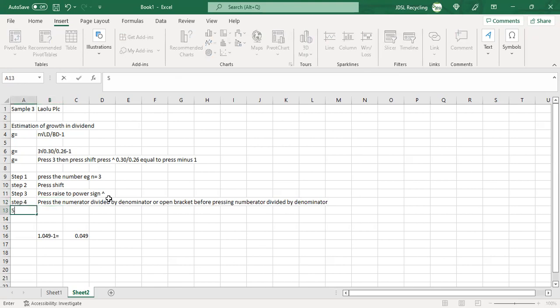Step 5: press the equal to sign. Then step 6: press -1. I hope this is clear.